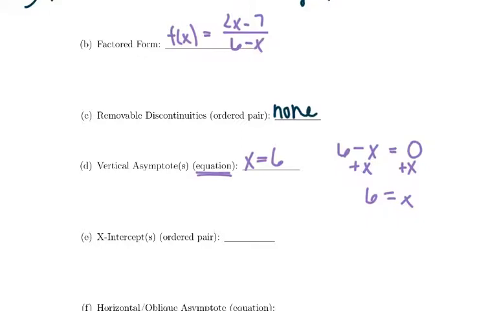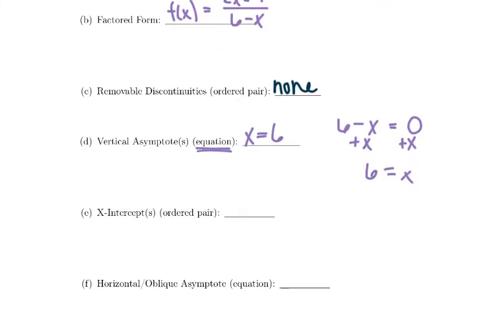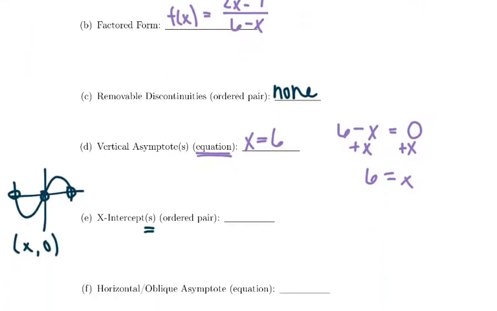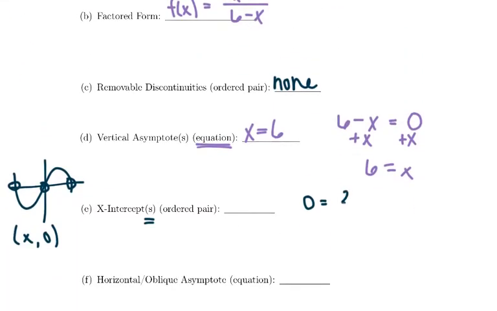Okay. For x-intercepts, we're going to set the numerator equal to 0. Because an x-intercept is where the function, and there can be multiple, notice that s, it's where the function crosses the x-axis, which means its ordered pair is x, 0. So we need the function to be equal to 0. So we'll set g of x, the entire function, equal to 0: 2x minus 7 all over 6 minus x.